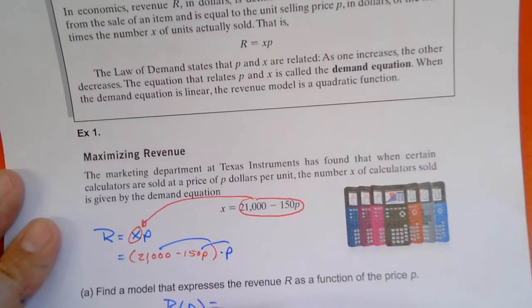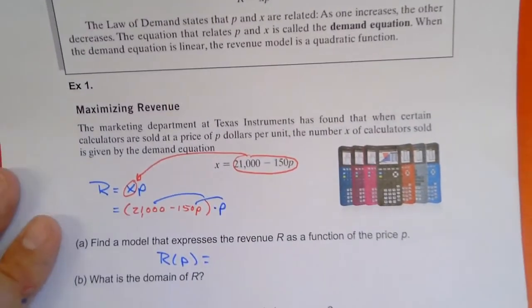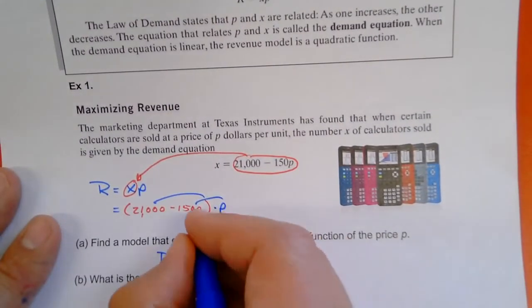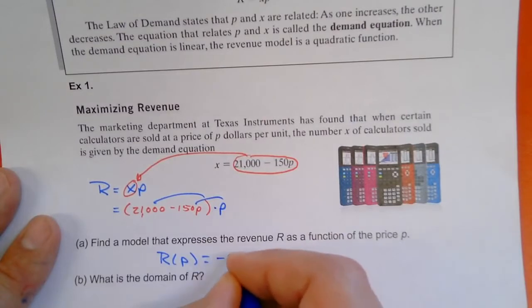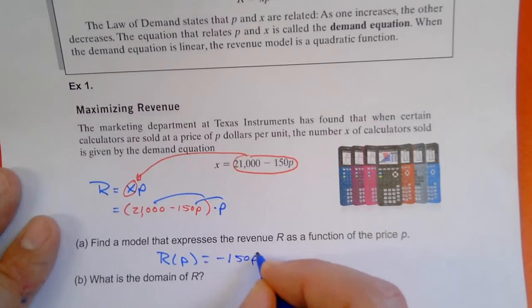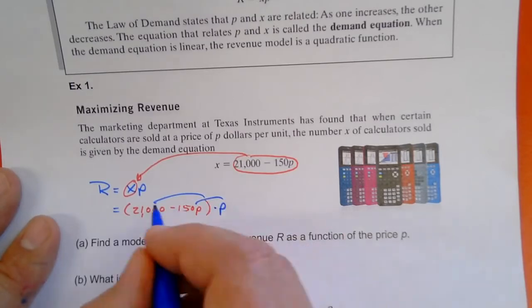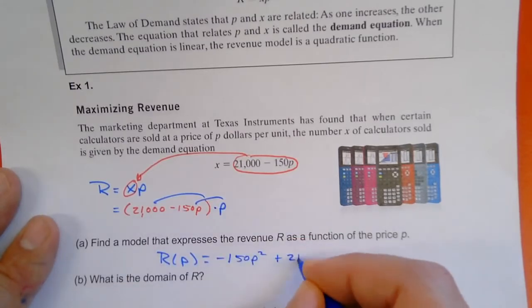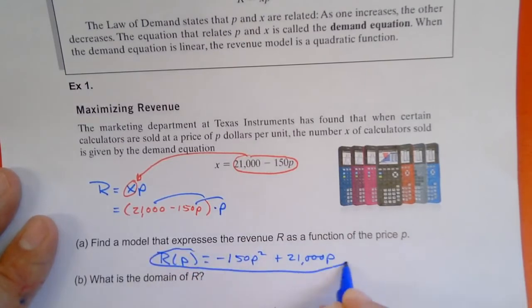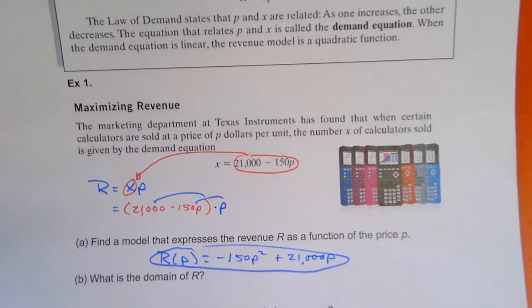So in terms of function notation, revenue in terms of price, if I multiply and put it in descending order, I've got P times negative 150P is negative 150P squared. And P times 21,000 is a positive 21,000P. Okay, so that's part A. That's, again, my revenue in terms of P.